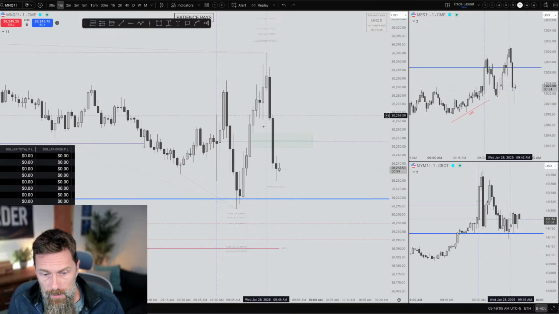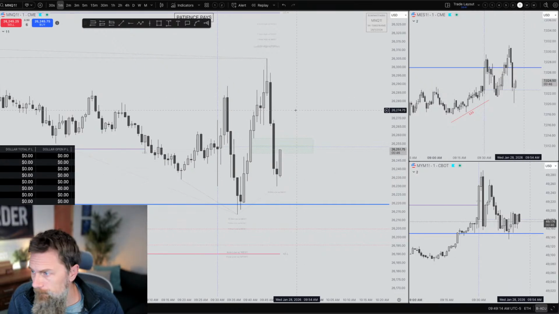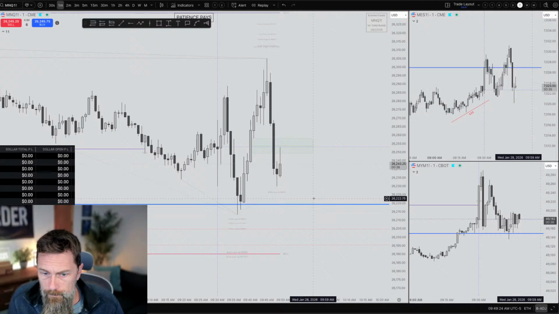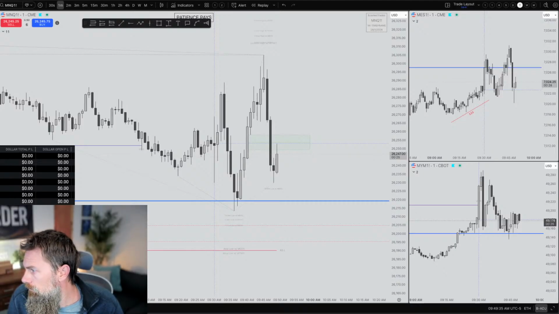Or it could mean it's wanting to do a seek and destroy kind of opening range kind of thing. And I'm not very convinced it wants to move. So that's why I'm not acting.